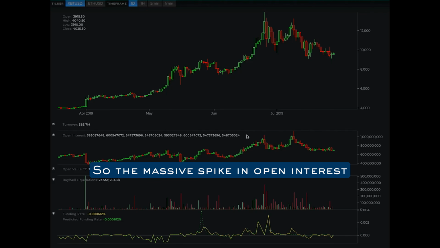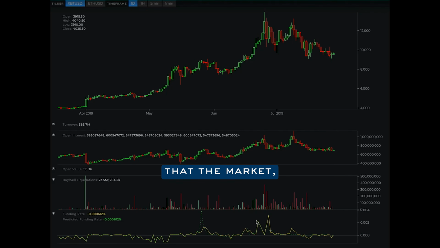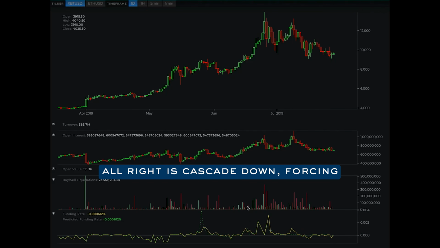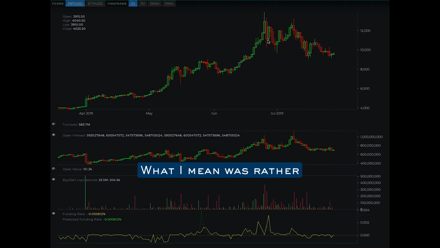So the massive spike in open interest and the massive spike in the funding rate showed us that the popular position in the market was leveraged long. In this case, all the market has to do is cascade down, forcing all of these positions to close out their leveraged longs.